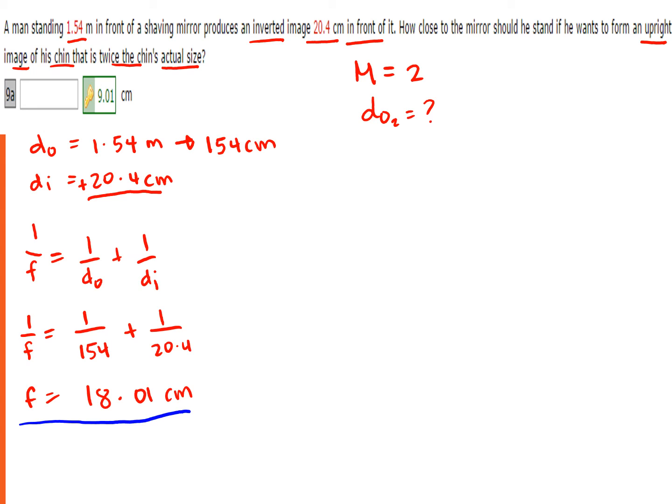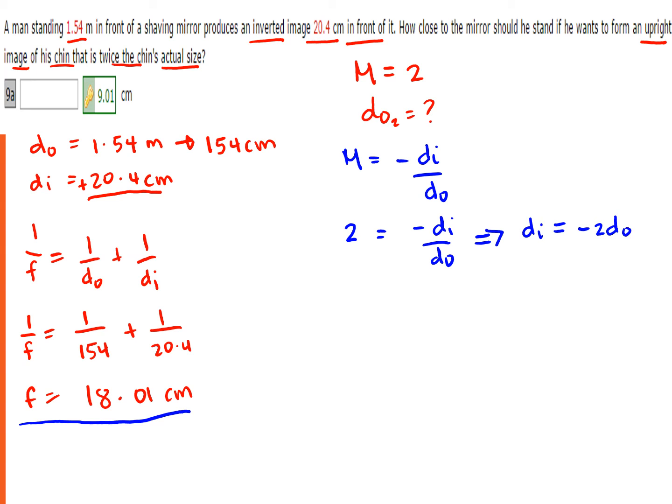Now let's set this focal length aside and focus on the magnification as given in the second sentence. So we have magnification is equal to 2, and remember magnification is just equal to negative DI over DO. So we have our magnification is equal to 2, that is just equal to negative DI over DO, which means that our DI is just equal to negative 2 DO.